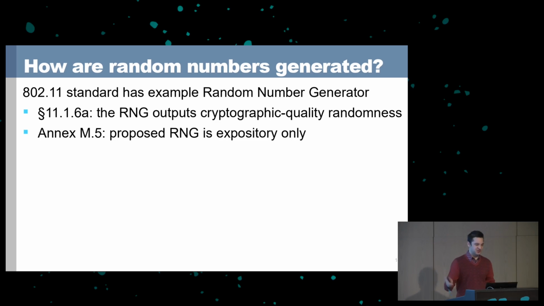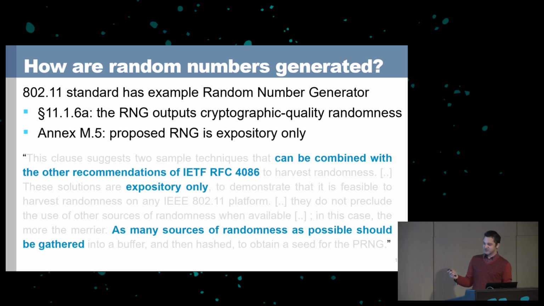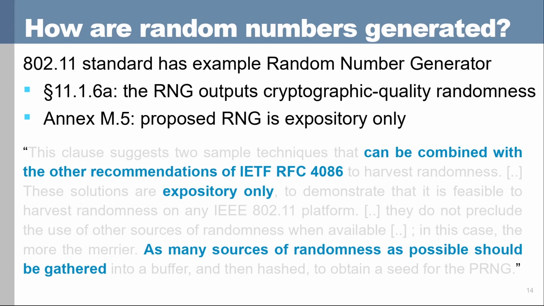It may not be that secure after all. So we have an inconsistency in the standard here. And coming back to the text shown in the appendix, it says you probably should combine it with other recommendations on how to generate random numbers.